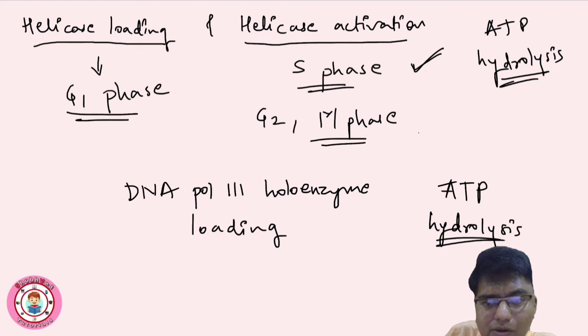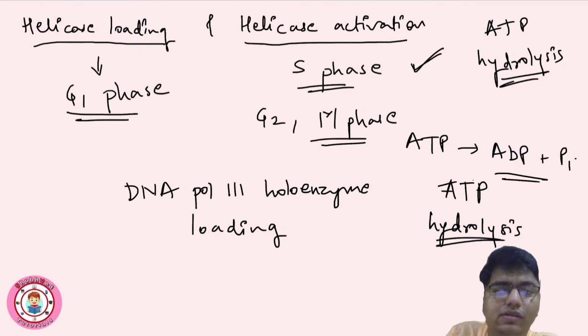Right? What is ATP hydrolysis? ATP is broken down into ADP plus Pi. This is ATP hydrolysis, and the energy from this breaking of ATP is used for the work by these enzymes.